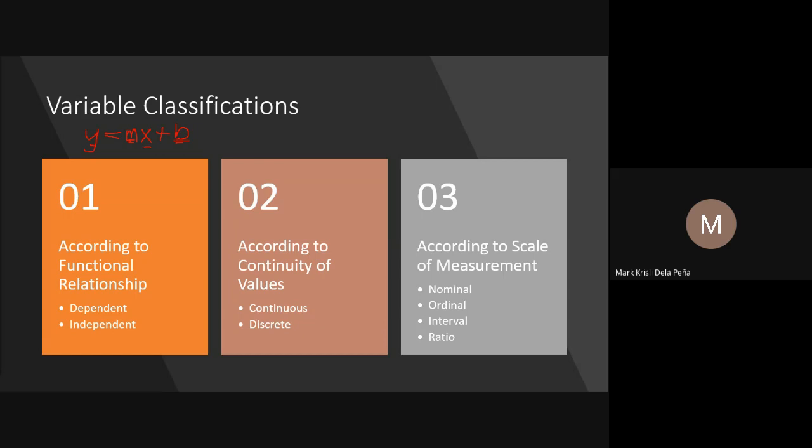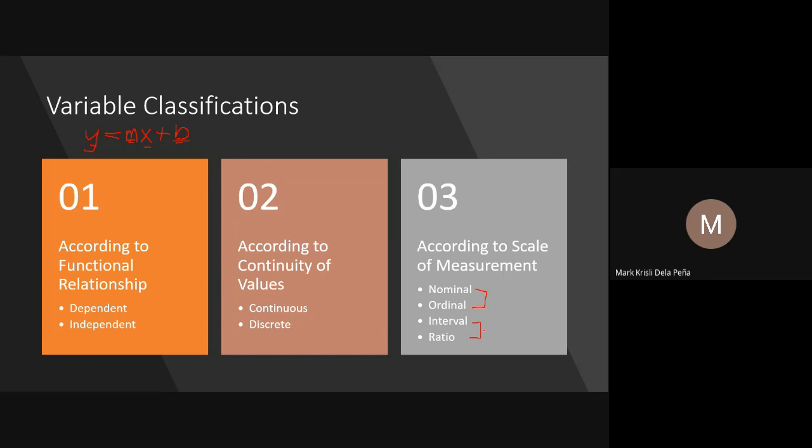We also have classification according to scale of measurement. If you recall the two main categories of data, we can actually divide these into four. Nominal and ordinal are qualitative data, while interval and ratio are quantitative or numerical.